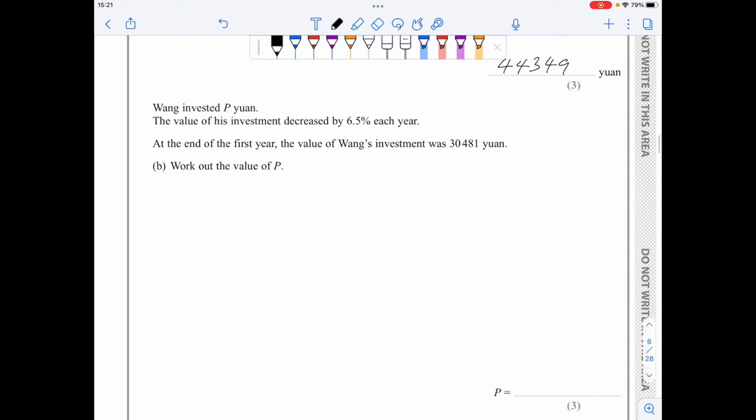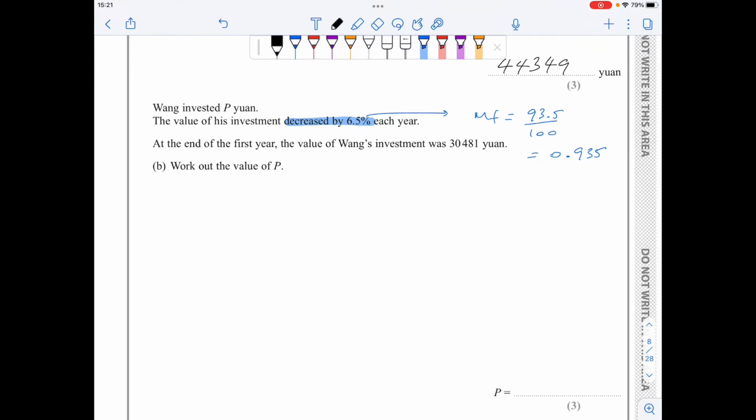In part B, I have a decrease of 6.5% per year, so my multiplying factor will be 6.5 out of 100 less than 100, so that's 93.5 out of 100. As a decimal, that's 0.935.